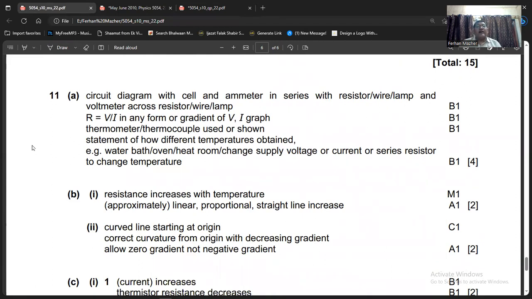R is equal to V by I in any form, or gradient of V-I graph. Thermometer or thermocouple used or shown. Statement of how different temperatures are obtained, for example, water bath, oven, heater, room temperature change, supply voltage or current, or series resistors to change temperature.